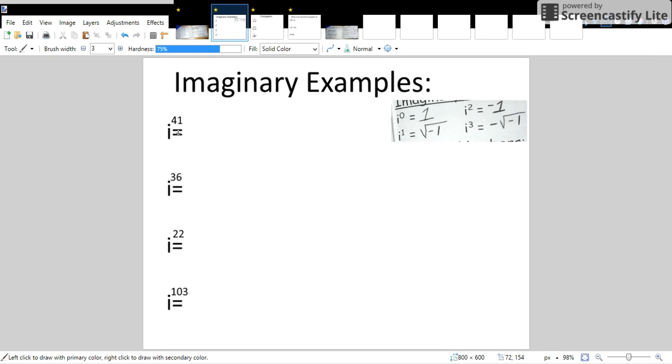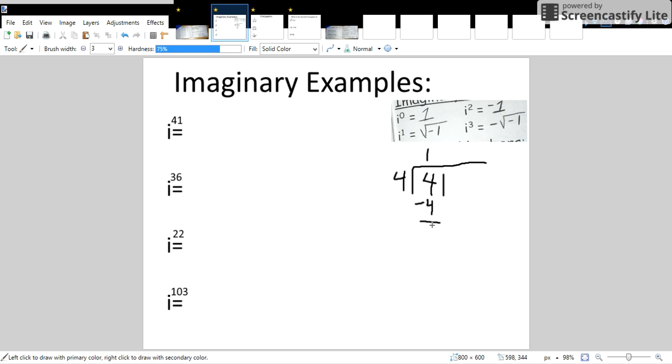So what if we had i to the 41st power? Well, an easy way to find this, instead of just keep counting up 1, 2, 3, 4, 5, 6, and so on, we could do long division. So if you remember from 3rd grade or 4th grade, instead of finding decimals, you would find your remainders. So we're going to go ahead and take 41 divided by 4. So 4 goes into 4 one time.